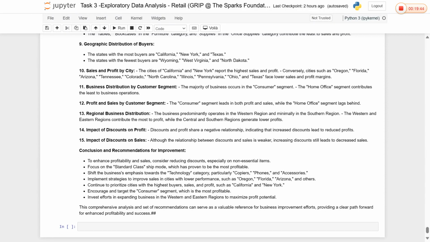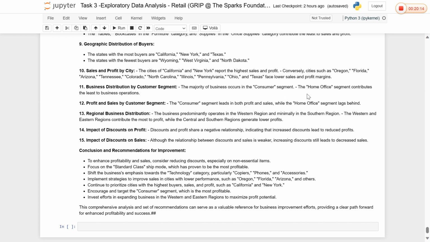Now, geographically, California, New York, and Texas have the highest number of buyers. The states with the fewest buyers are Wyoming, West Virginia, and North Dakota. Now, the sales and the profit by the cities: California and New York report the highest sales. The business distribution by the customer segment: the majority of the business occurs in the consumer segment.